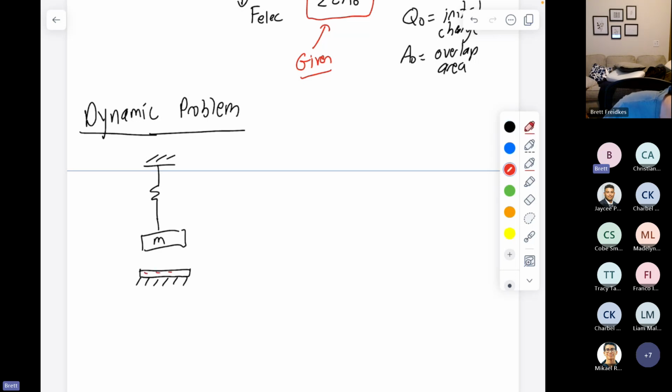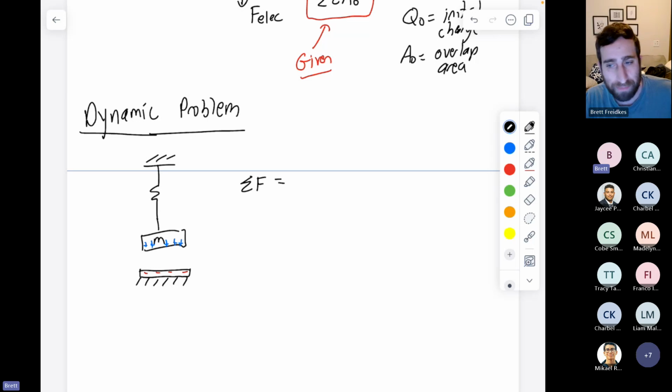Again, this is charged. And what I'll say is that there is some external force that's causing some acceleration. And if I sum the forces, I'm just going to say that that is the net force.